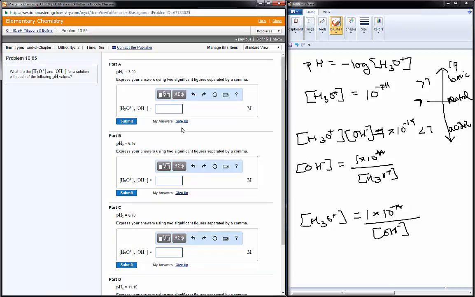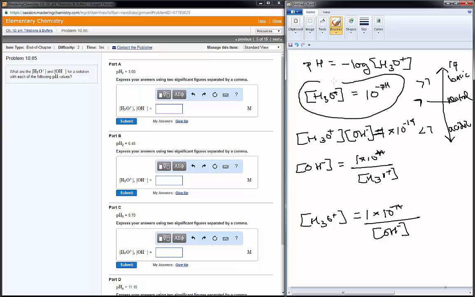All right, and then going backwards here, if they give me pH, can I calculate H3O plus? Can I calculate hydroxide? And again, this is what I'm going to be using at this point. I plug the pH in here, I can find the H3O plus. And if I have the H3O plus, then I can plug that in here to find the hydroxide.